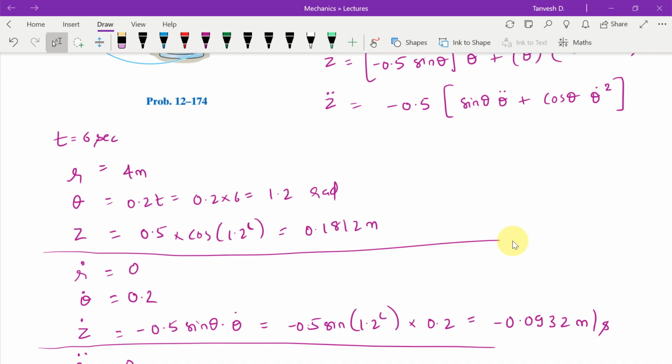This is basically your Vz, this is your V theta and this is your Vr, right?